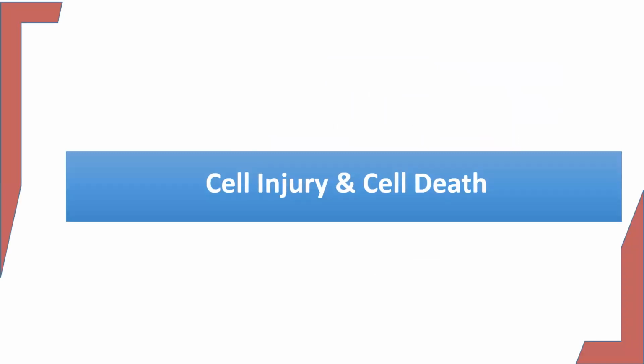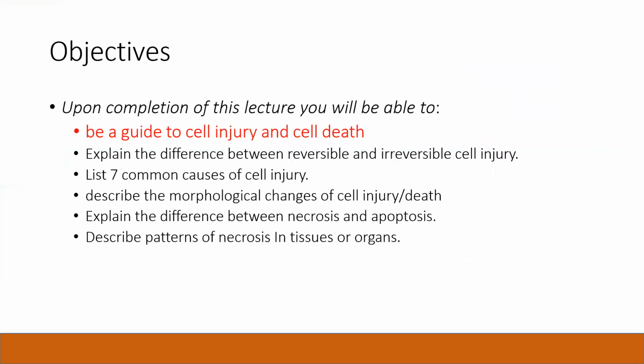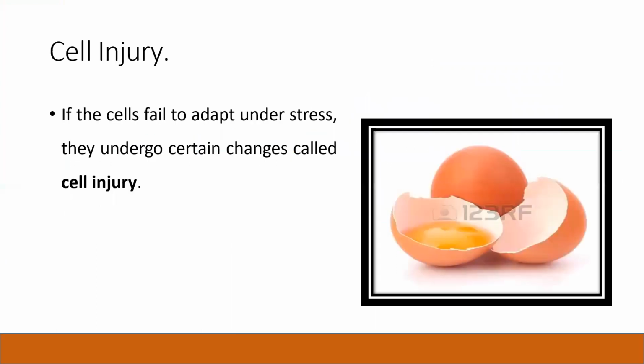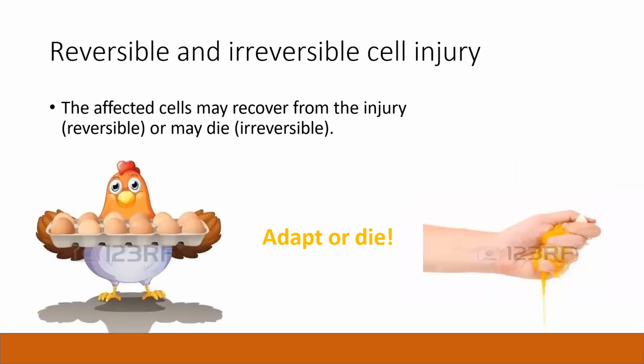Cell injury and cell death. So, what is cell injury? If the cell fails to adapt under stress, they undergo certain changes that is called cell injury.